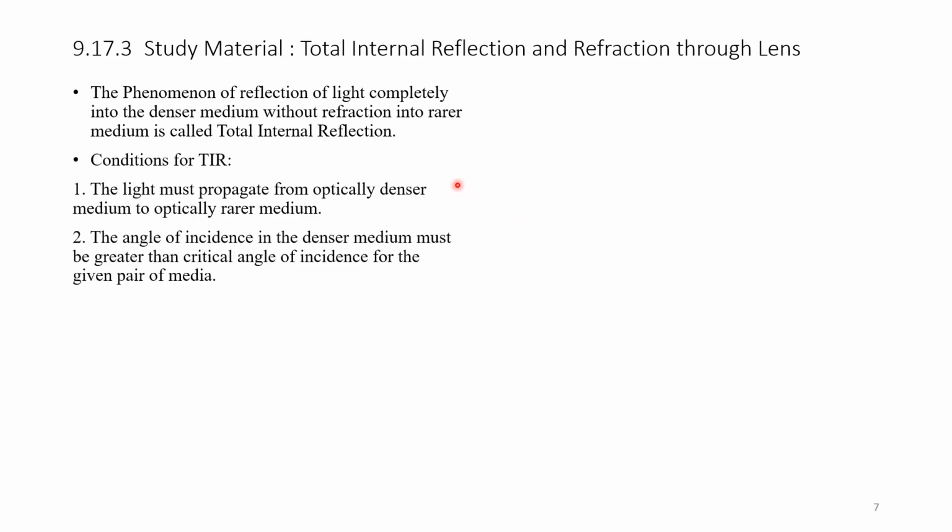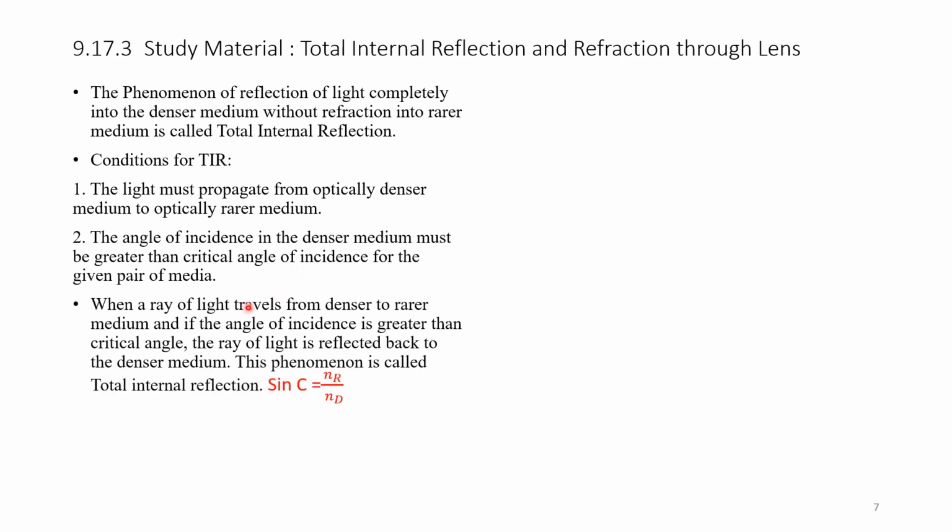Conditions of total internal reflection: the light must propagate from an optically denser medium to an optically rarer medium, say from glass to air. The angle of incidence in the denser medium must be greater than the critical angle. We have already studied the critical angle in the theory part, but please note: if the angle of incidence is greater than the critical angle, then total internal reflection occurs.